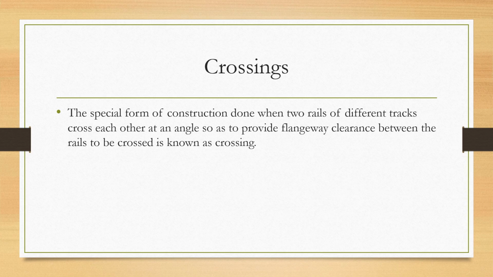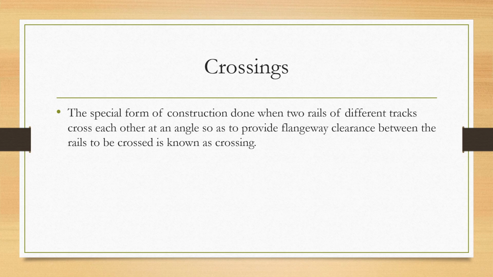Acute angle crossing. The crossing which is formed when the right-hand rail of one track crosses the left-hand rail of another track at an acute angle is called acute angle crossing, or V crossing, or frog crossing.